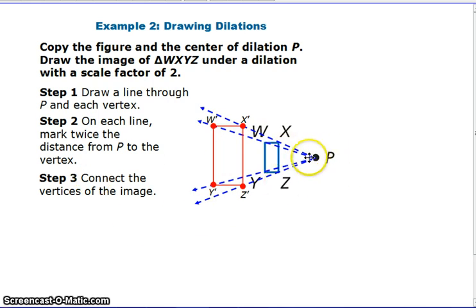And then you need to measure the distance from P to each vertex, and then you need to mark the distance twice as far from P to the image of X. So if it is a length of 1 from P to X, then you would go a length of 2, or 1 times 2 to get from P to X'. Let's say it's a distance of 1.2 to get to W, then we would go to 2.4. We would multiply 1.2 by 2, and we would get to 2.4 to get to W'.